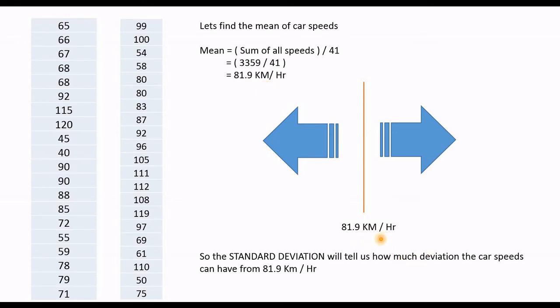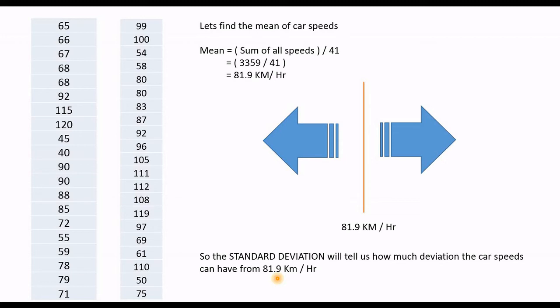Now if I know the standard deviation of this data, I will interpret it like this: standard deviation will tell us how much deviation of the car speeds there will be from 81.9 kilometers.